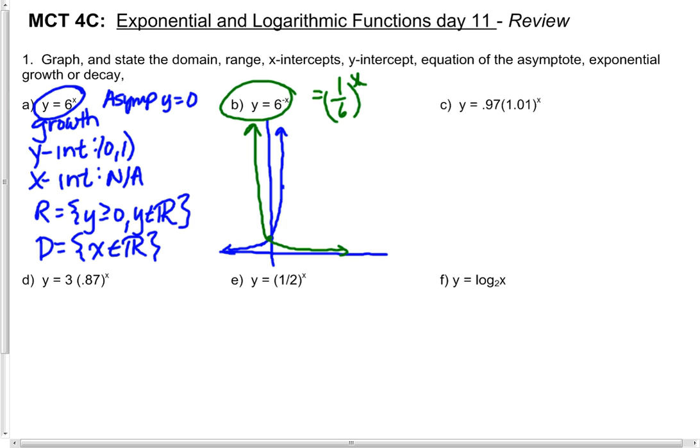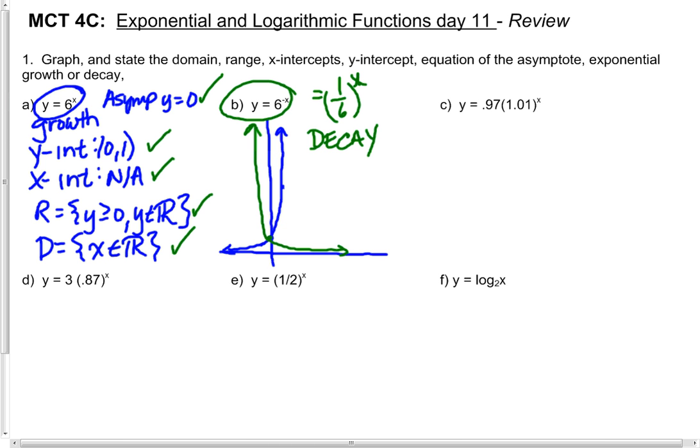So what will have changed? The asymptote will be the same. The y-intercept will be the same. It is, however, exponential decay, getting smaller. There are no x-intercepts. The range would be the same, and the domain would be all real numbers.